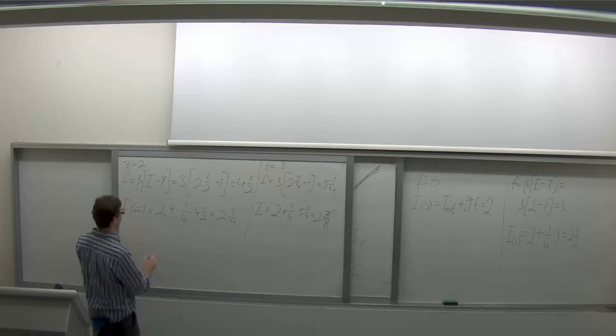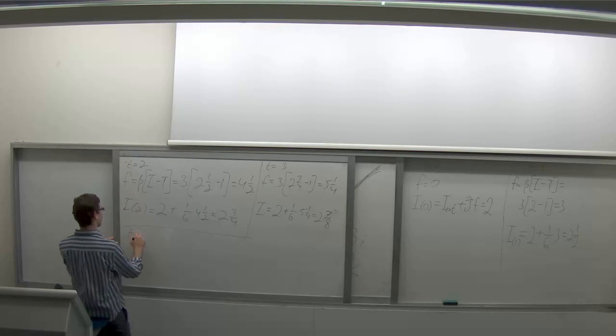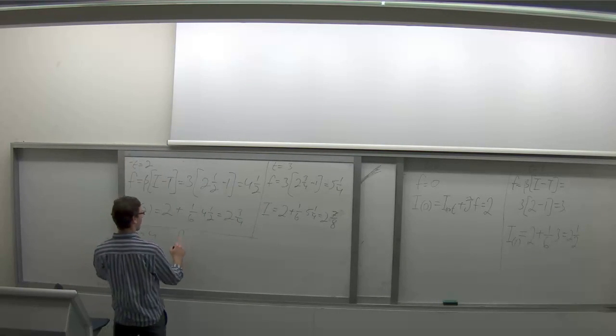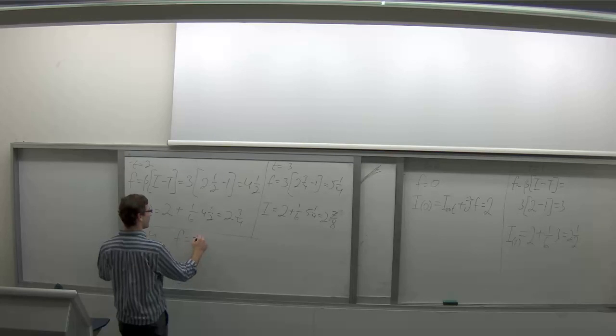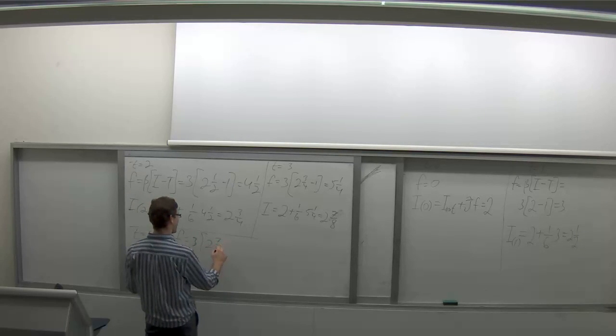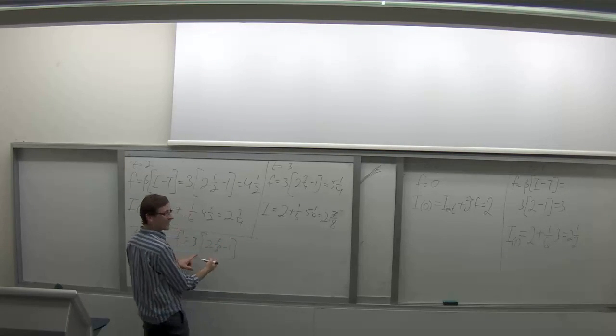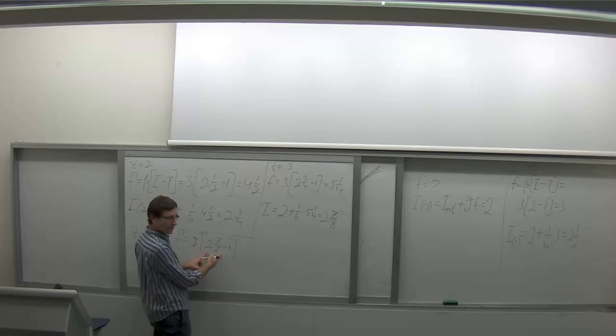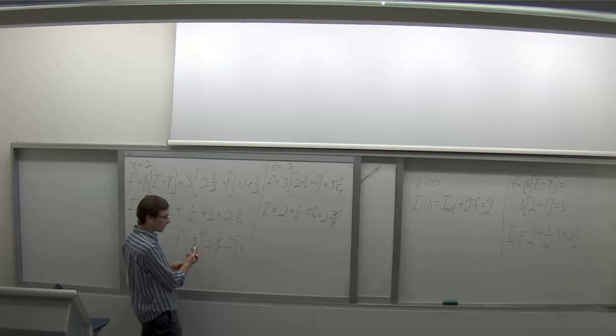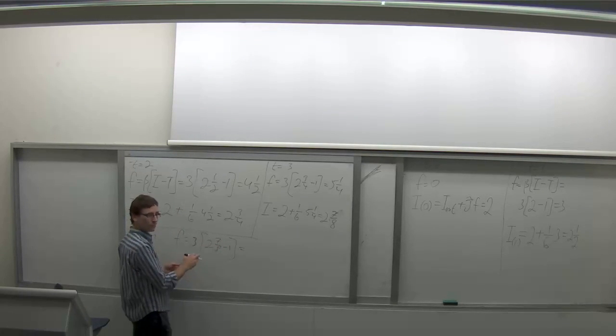And then at t equals 4, where we are, f is 3 times 2 and 7/8 minus 1. So it's getting closer and closer to 2, and this will get closer and closer to 6. Now, you can realize that this is never going to become 2, and this is never going to become 6, okay?